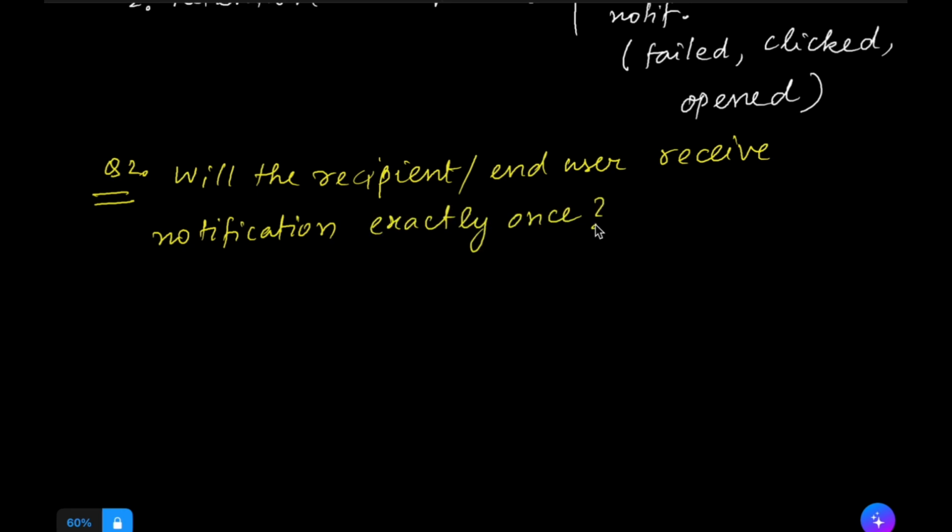Will it be the case that the notification is sent exactly once and not sent again, or can it be the case that multiple notifications are sent to the end user? The straightforward answer to this is no.